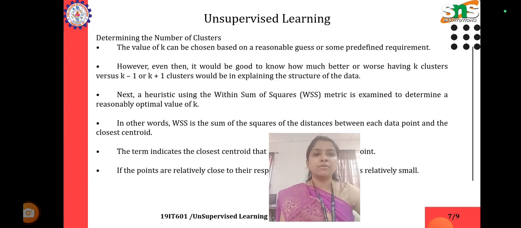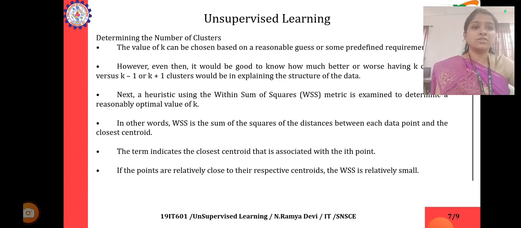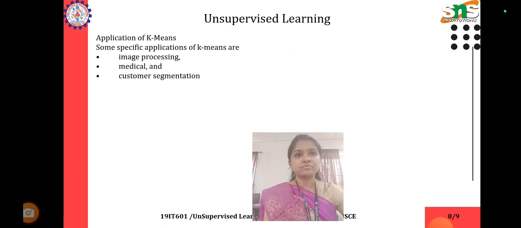In other words, WSS is the sum of the squares of the distances between each data point and the closest centroid. The term indicates the closest centroid that is associated with the ith point. If the points are relatively close to their respective centroids, the WSS is relatively small.